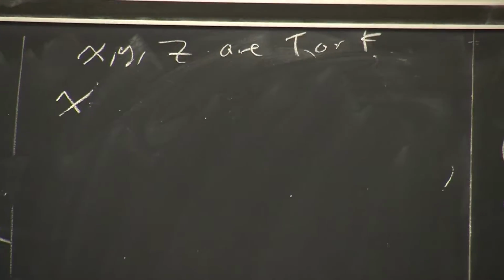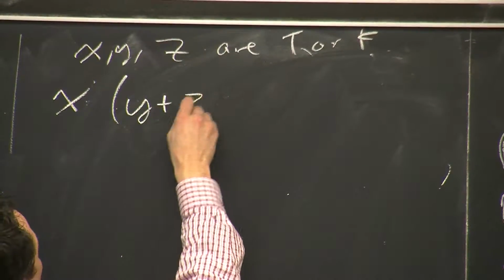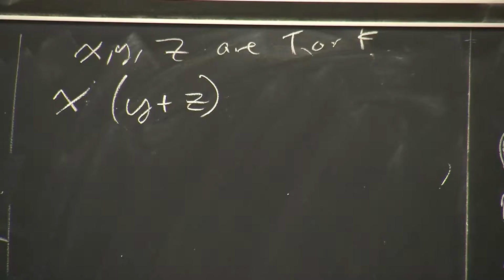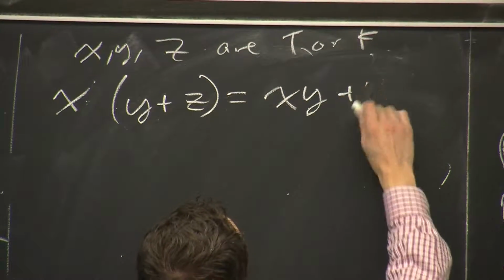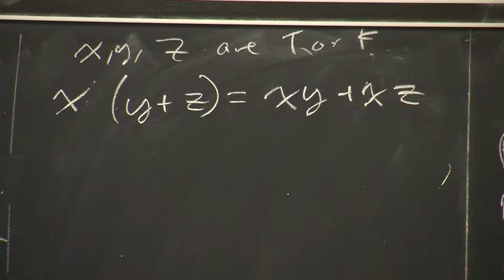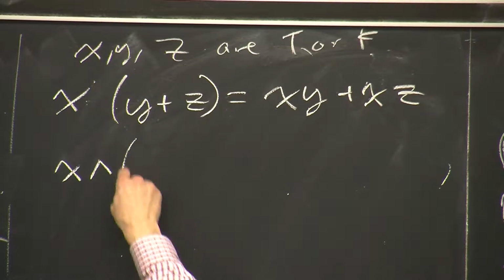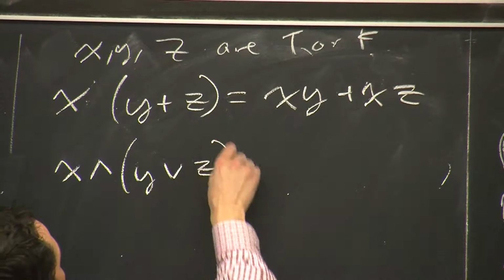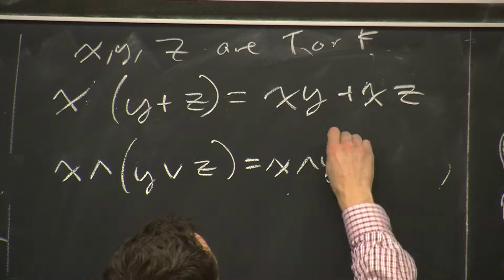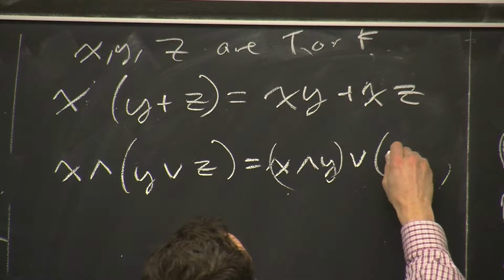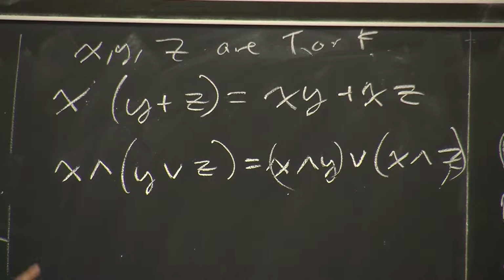I could write this one of 2 ways, x times y plus z. This would be the distributive rule, equals xy plus xz. Or writing it with the and or notation, I'm saying x and y or z equals x and y, or x and z. If you think about it for a little bit, you can see that that's true.